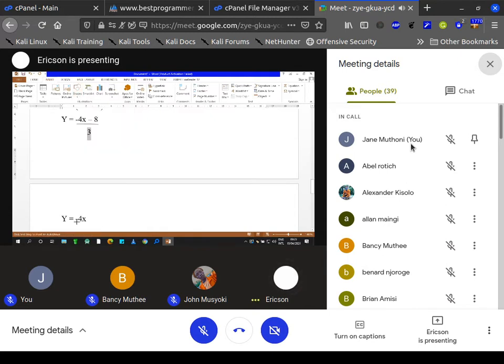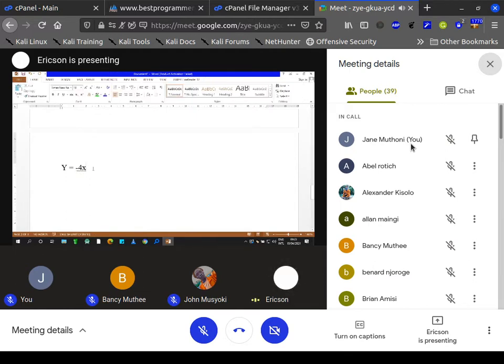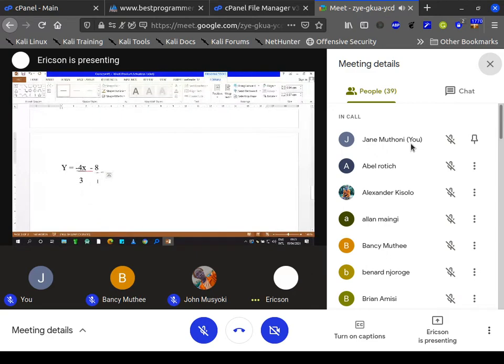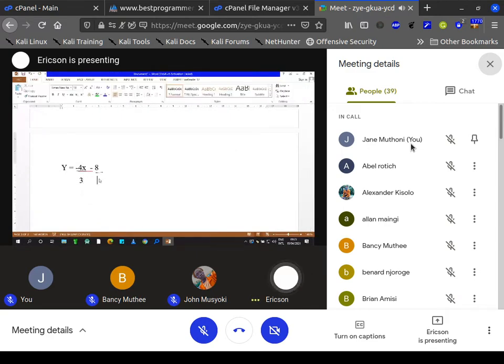So this will give us, divide this, the other one was negative 8. Divide this by 3. So this is how you write that equation: y equal to negative 4x divided by 3 minus 8 divided by 3.